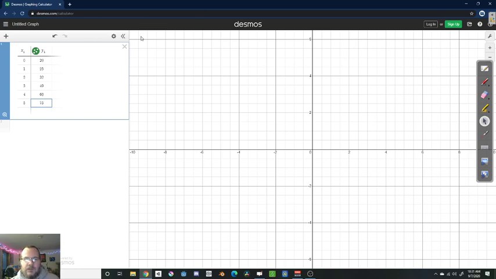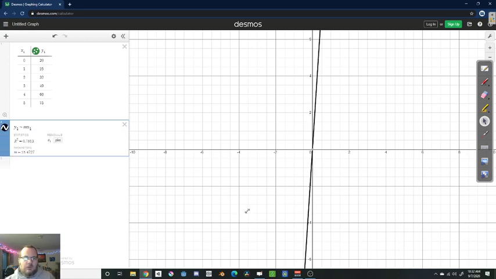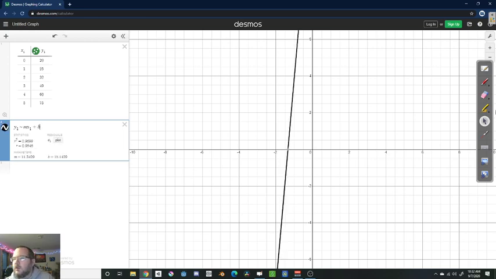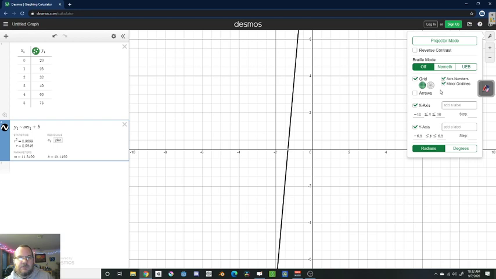So we have a few different options. First, we can make a linear regression. So to do that, I'm going to do y sub 1 approximately m x sub 1 plus b. I'm going to adjust my window over here.